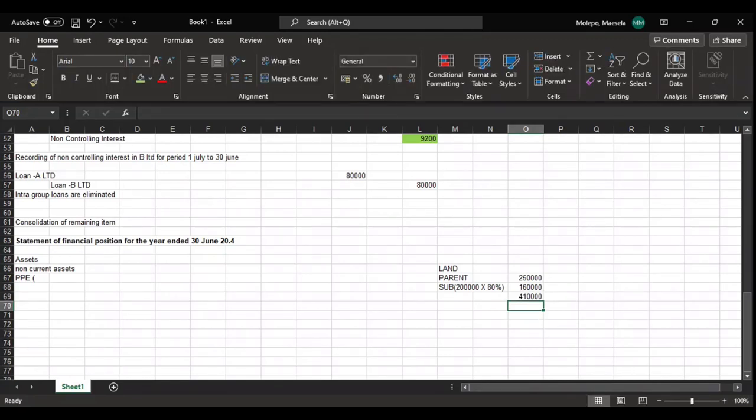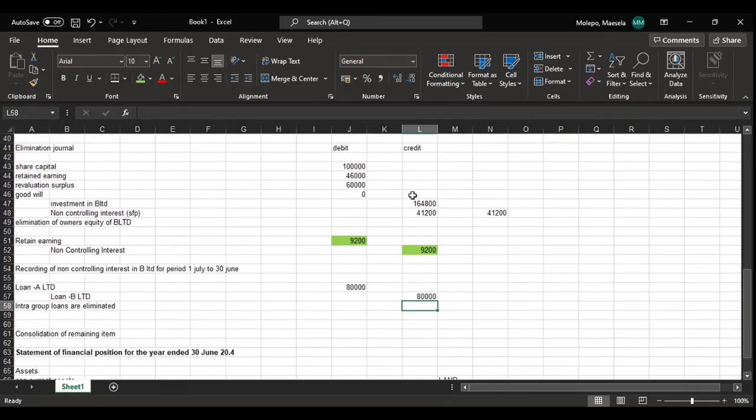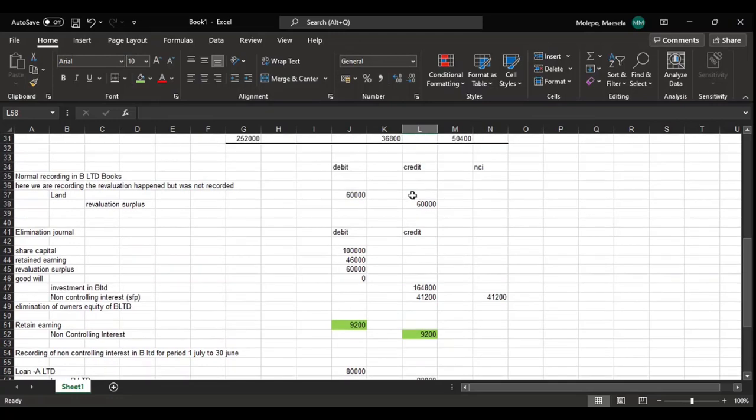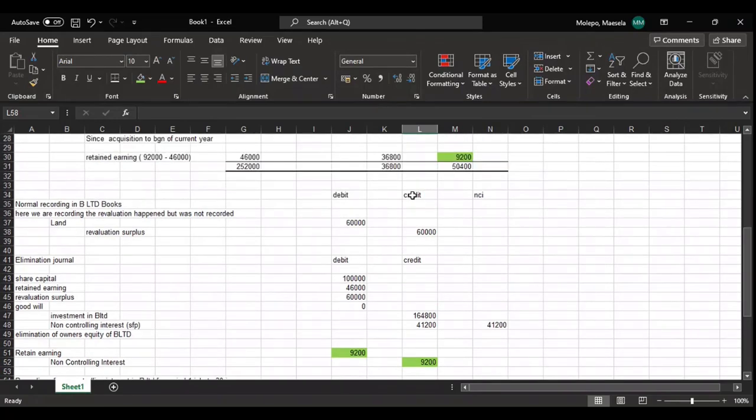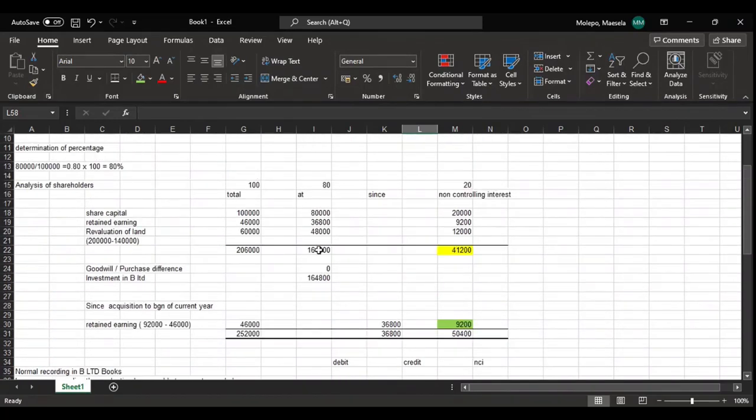There's something that I don't follow though. Because if they take the land of B Limited valued at 200,000 without the elimination journal.